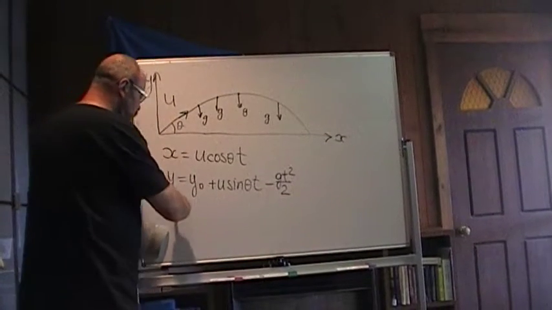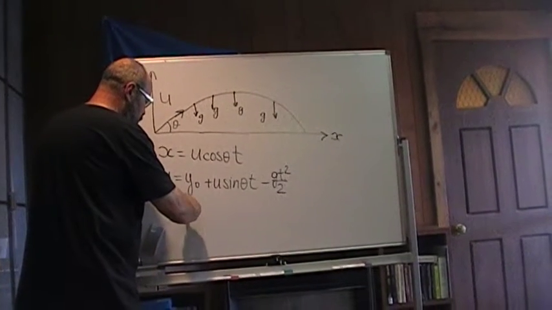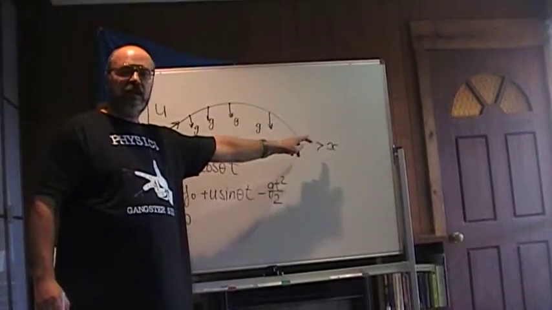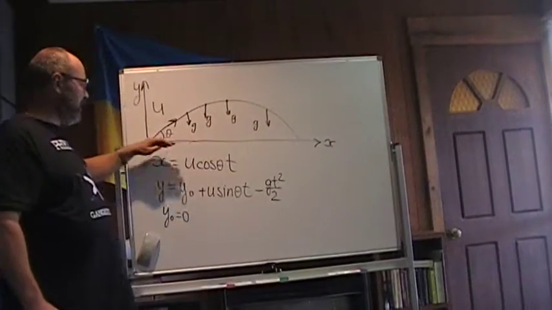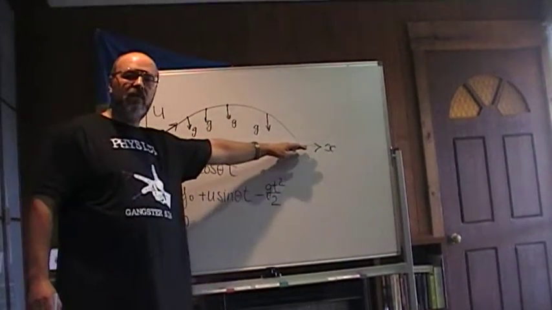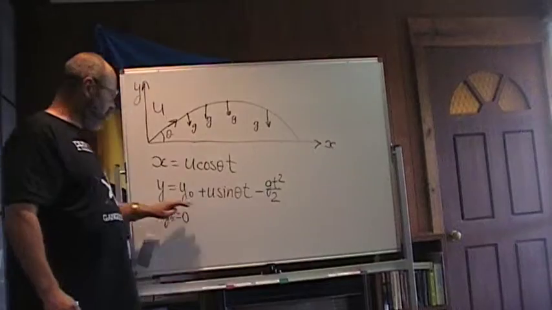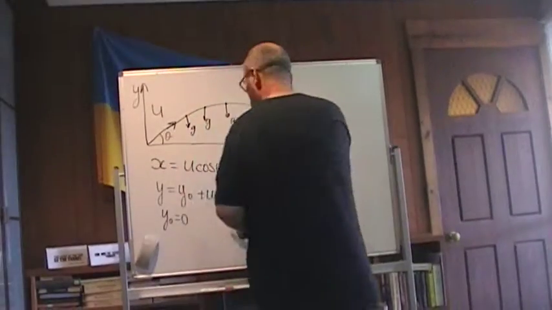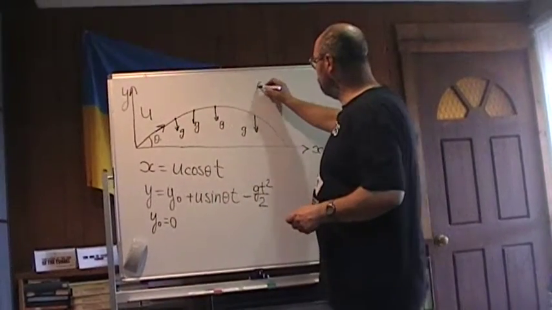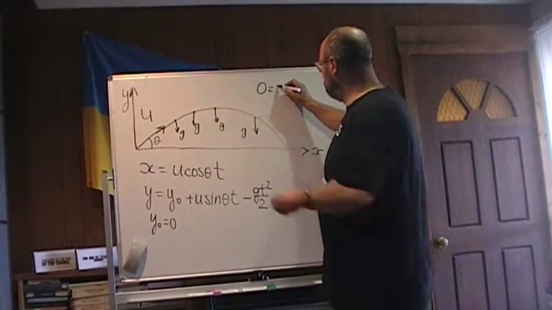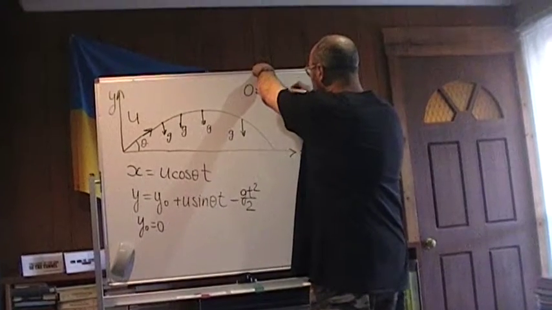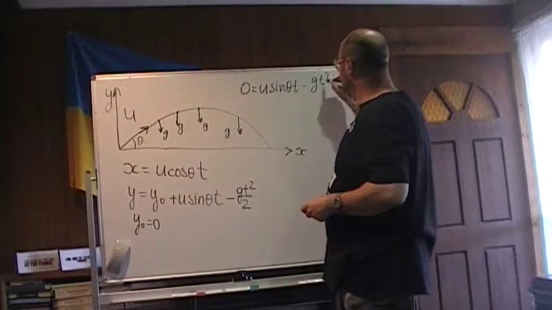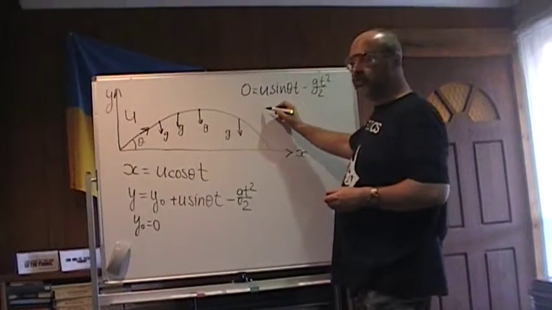So let's start from the time. In our case, the initial position is 0, and the final position when it hits the ground, because it hits the ground at the same height, will be 0 again. So the equation of the motion in the vertical direction becomes 0 equals u sine theta t minus g t squared over 2.